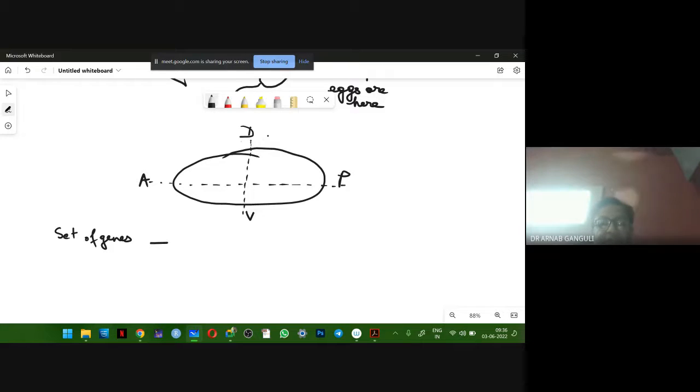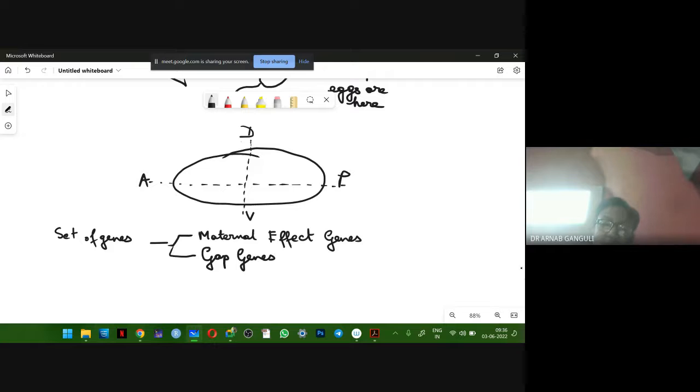There are 4 sets of genes which do this. The first set is known as the maternal effect genes. Then you have a set of genes known as gap genes. Then you have the pair rule genes.